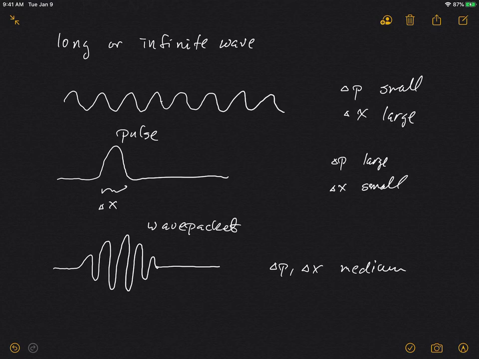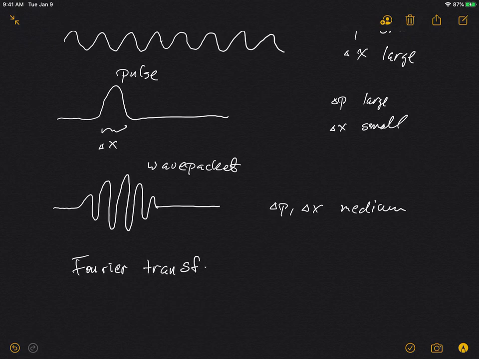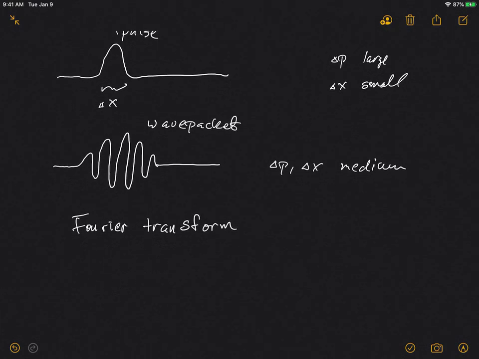And I'd like to briefly state that this is all related to the Fourier transform properties of waves. In that you can say, in the case of photons, you're talking about an electric field as a function of position and time, and you can convert that to a frequency spectrum.